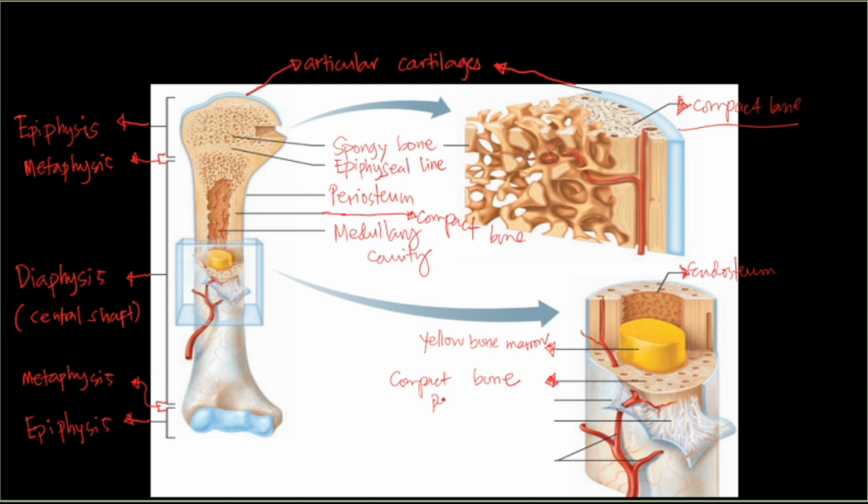Periosteum. This is what we call your Sharpey's fibers. And these blood vessels are what we call your nutrient arteries.